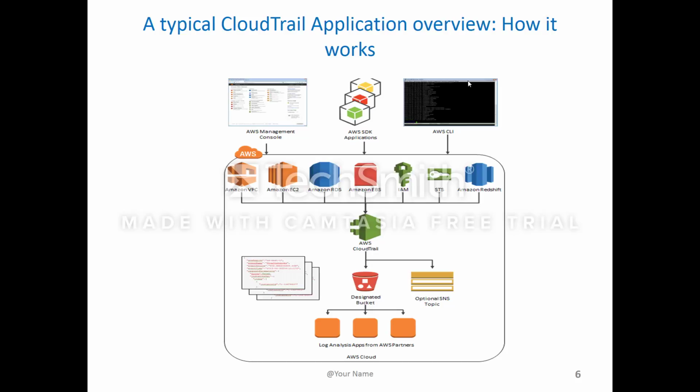A typical CloudTrail application overview. So how does this work? You make API calls through the console, SDK applications, or CLI. Whenever you make API calls to any of the services offered by Amazon, like VPC, EC2, RDS, EBS, or S3, it gets recorded by an AWS web service, which is CloudTrail, in the form of log files.